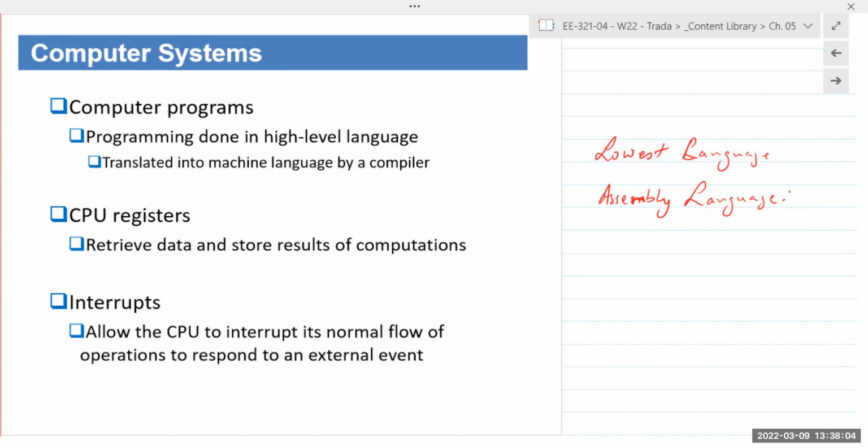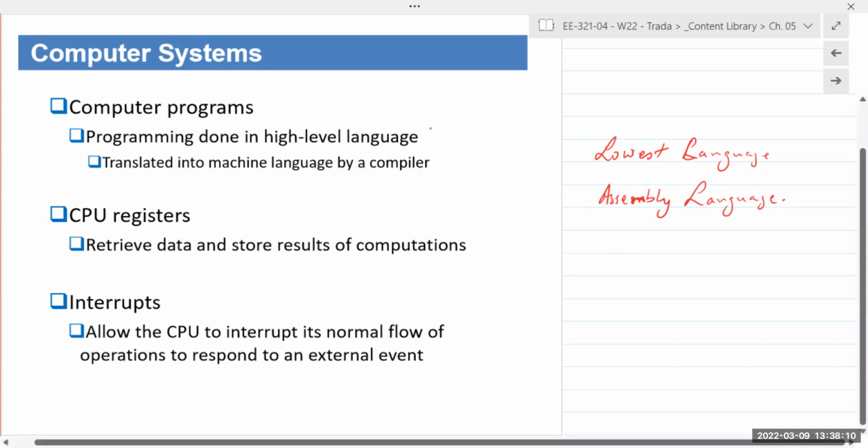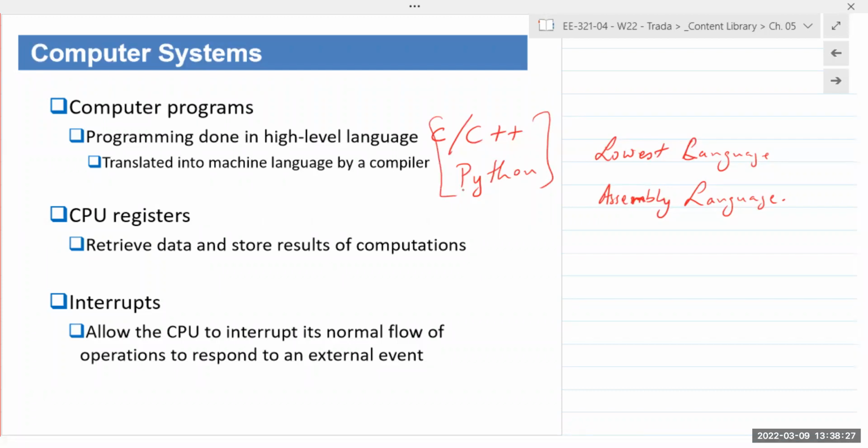If you want to learn programming, you should start with C programming. And you have C++, and nowadays, of course, there's Python. All of these are examples of high level languages, and a compiler will translate them into machine language.